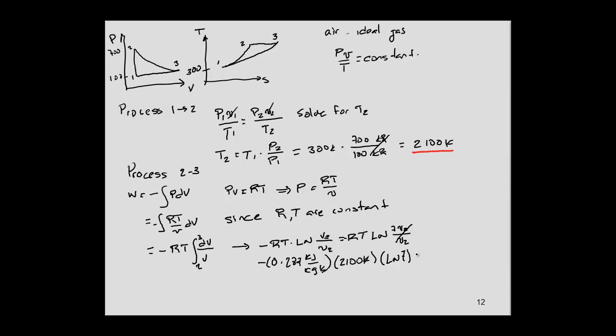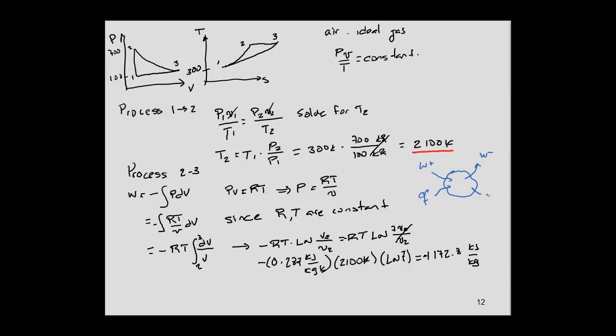Kelvin cancel, and the result is 1172.8 kilojoules per kilogram. We have a negative sign, and remember, for any system that we are talking about, everything that goes in is positive.